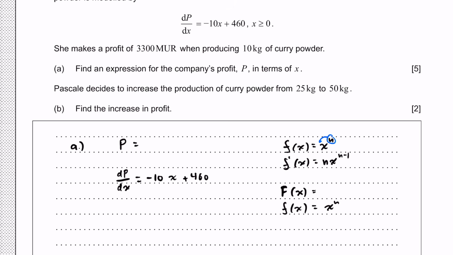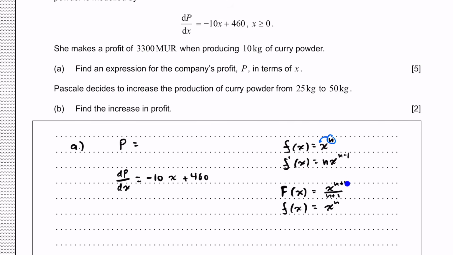So instead of taking away 1, we would add 1 to our exponent. And instead of multiplying out in front, as we do here, we would, reversing the process, divide by whatever this new exponent is. Maybe I can clean this up a little bit. This is x raised to the power of n + 1, over n + 1. That's how we take our antiderivative.